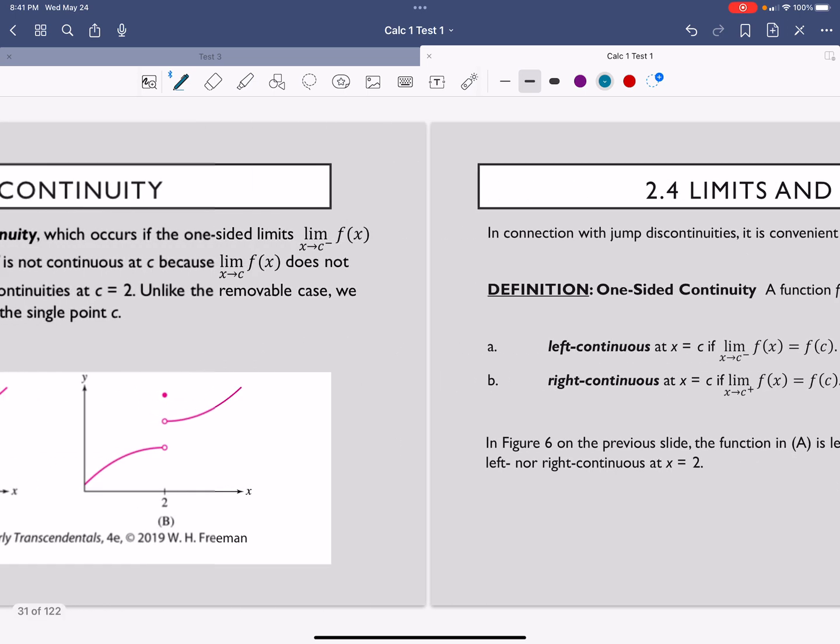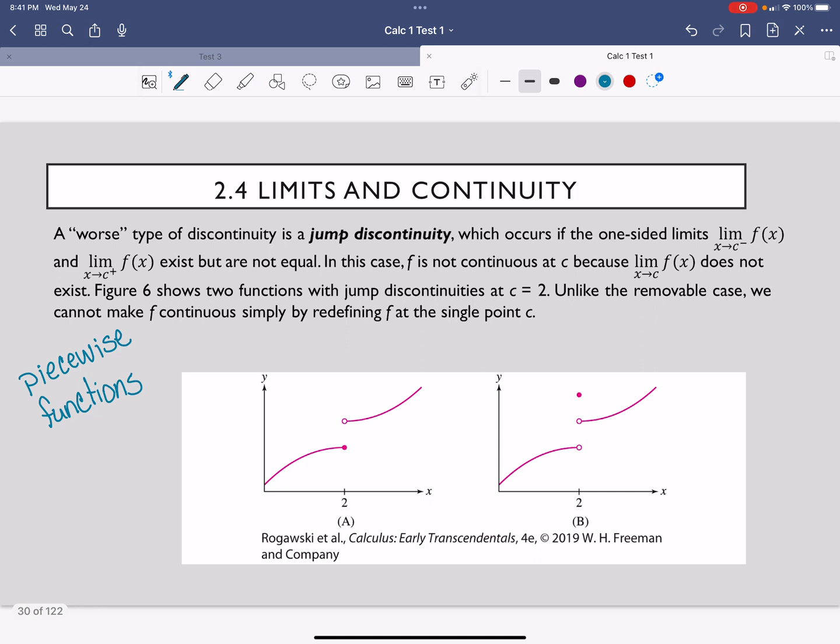So let's look at this one right here. My limit as x approaches 2 from the left is going to be the same as f of 2 in this picture. So this is left continuous. That's what this means right here, left continuous.